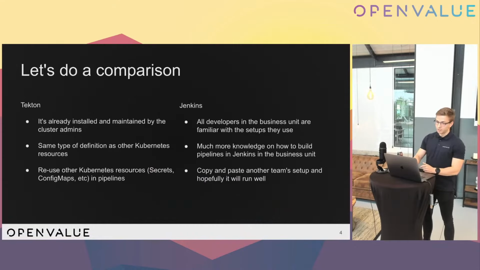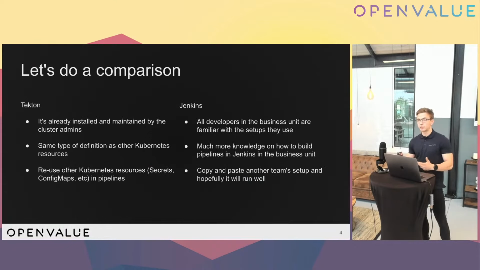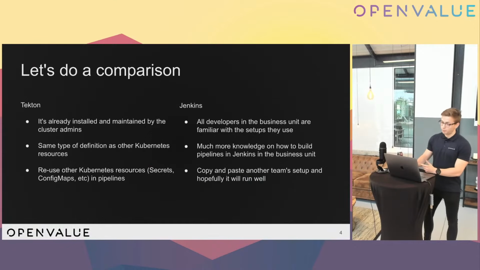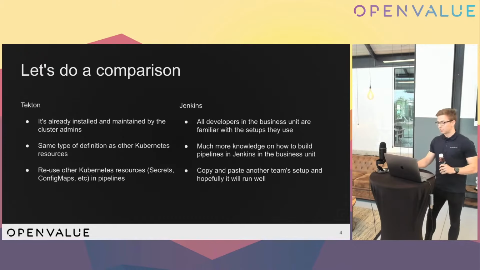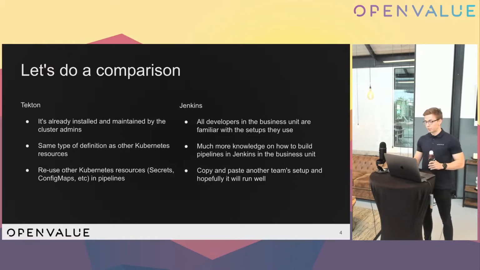Looking at a comparison between Tekton and Jenkins, like I said, we had almost no maintenance because Tekton was already there, and the cluster administrators were pretty much maintaining it. So if there was a new version of OpenShift, they were also installing a new version of Tekton. So there was no issue there. Same type of definition as Kubernetes resources.